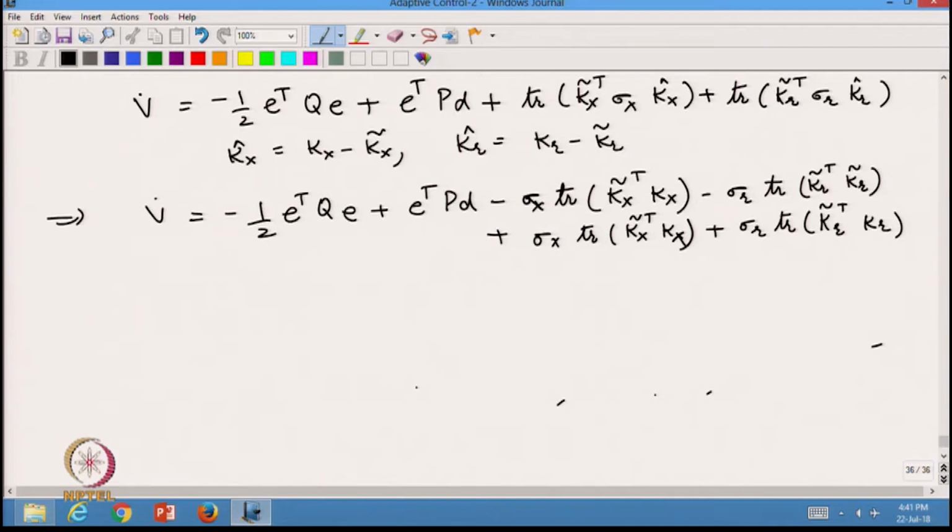Now I am going to consider an aside, and I'll come back to this expression a little later. As an aside, I want to talk about the Frobenius norm and the Frobenius product of a matrix.